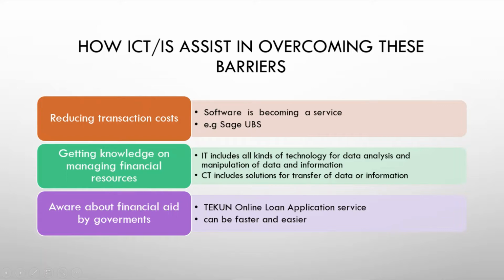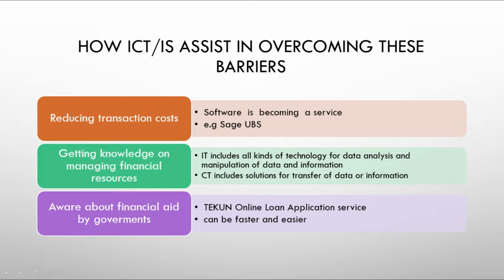For example, Tekun Nasional introduced the Tekun online loan application service. Through the online application service provided, the procedure to make a loan with Tekun Nasional can be faster and easier. Apart from that, Tekun Nasional also provides another service, which is Tekun Mobile.